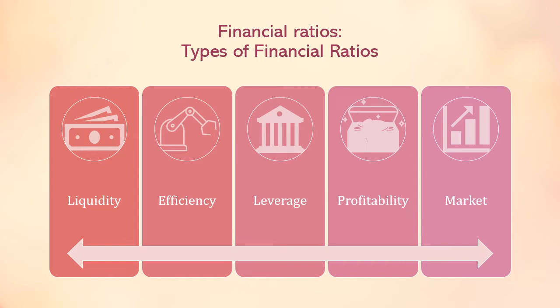Profitability refers to the level of profit that the company has earned for that particular year. And market ratios are for the use of investors to determine whether the company is still worth investing in or whether they should sell off their investments.